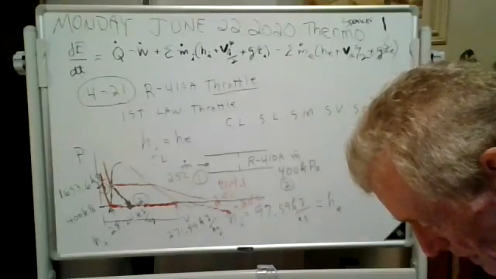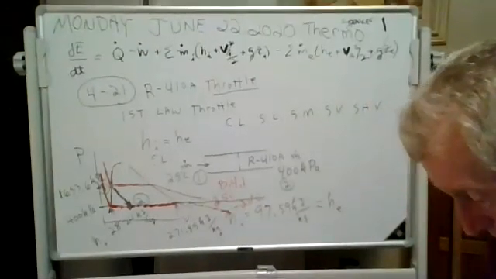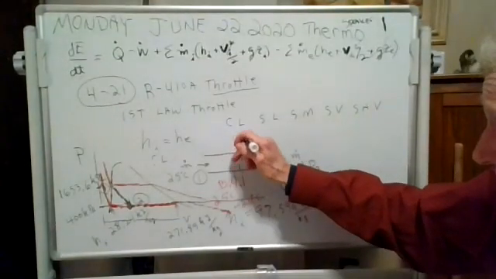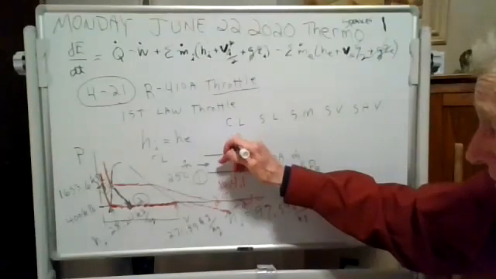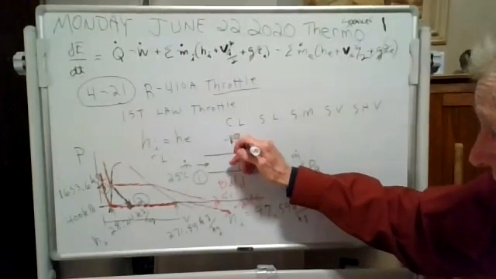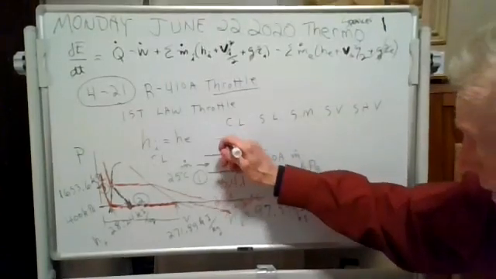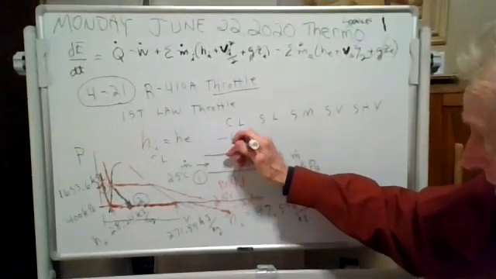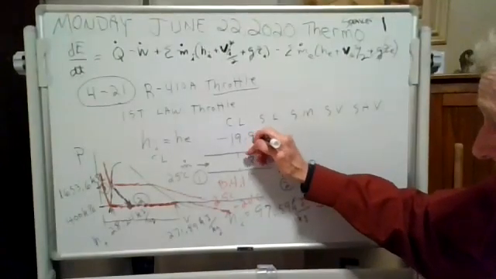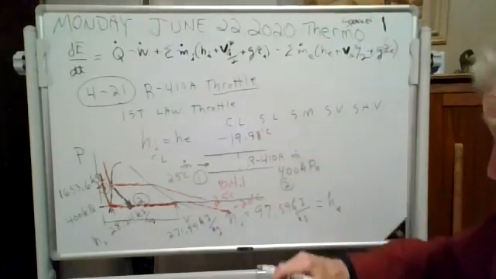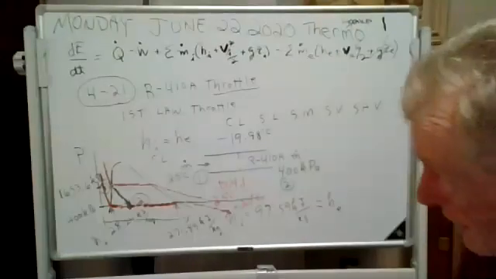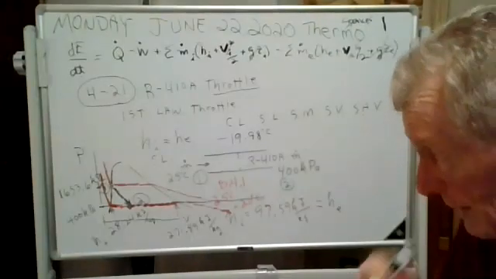That's the down part. Now, the answer they have in the answer book is minus 19.98 degrees Celsius. And I just put minus 20 on there because I didn't interpolate.